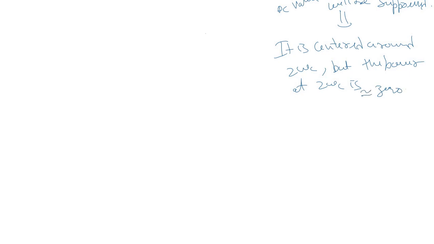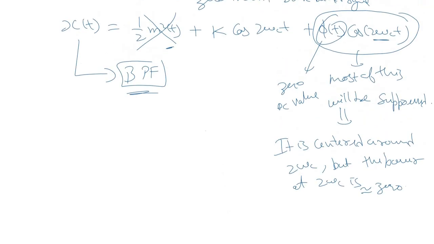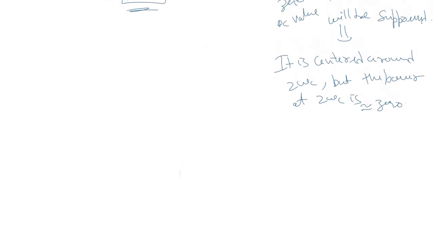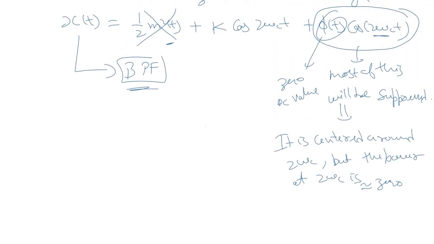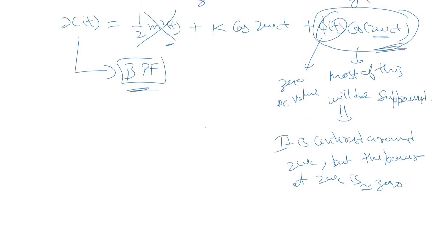This is because this component is distributed over a band of 4B hertz, which is centered at twice of omega c, because this phi t has 0 DC value, right? Hence a very little part of this signal will be passed through the band pass filter, and most of it will be suppressed.